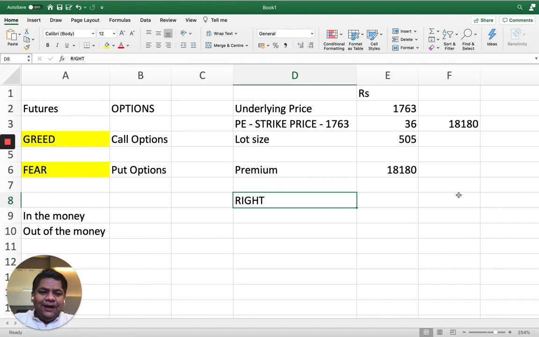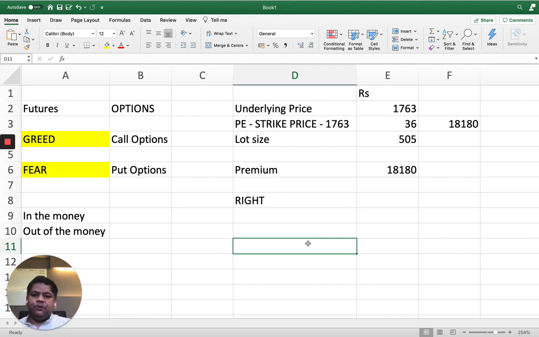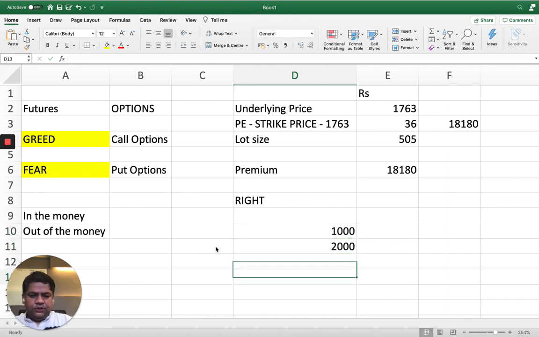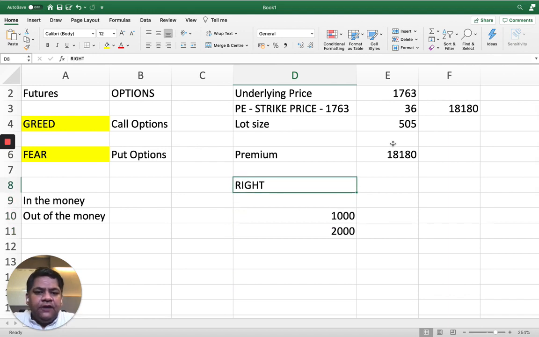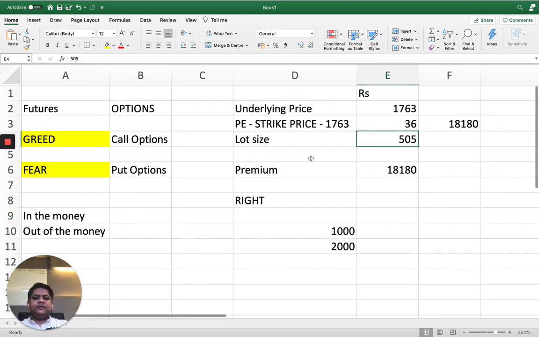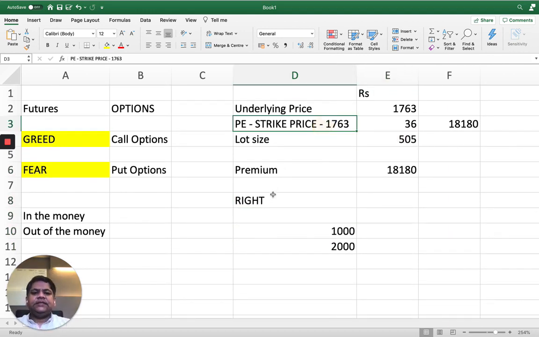So here you have two situations which may happen tomorrow. Reliance may go to 1000 rupees or Reliance may go to 2000 rupees. You got a right to sell 505 shares of Reliance Industries at 1763 to the seller of the put option.